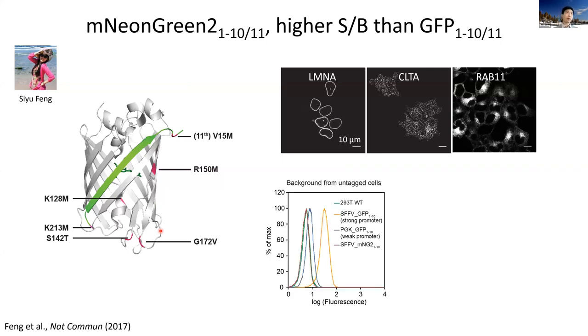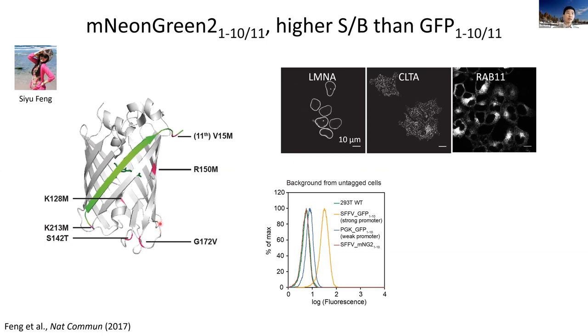The nice thing about the mNeonGreen2 system is that it has a much higher signal-to-background ratio compared to the split GFP system. First, mNeonGreen is a brighter fluorescent protein than GFP. On the other hand, even better, we noticed that the GFP 1 to 10 fragment somehow still contains a very, very weak autofluorescence background.